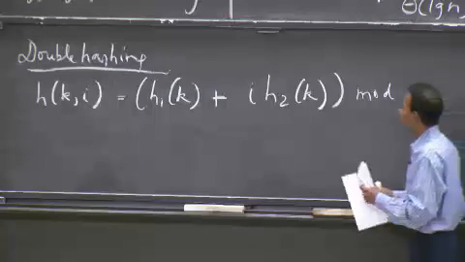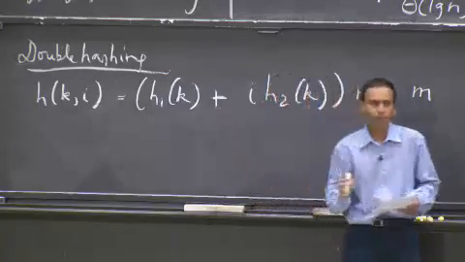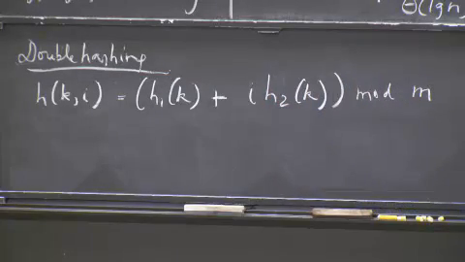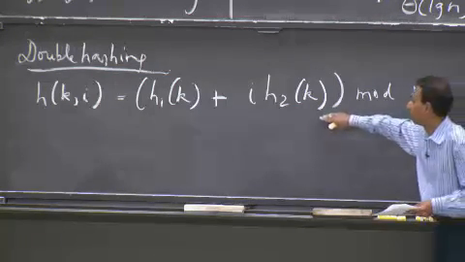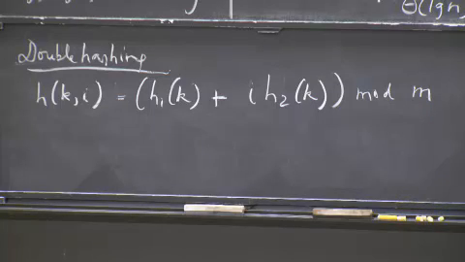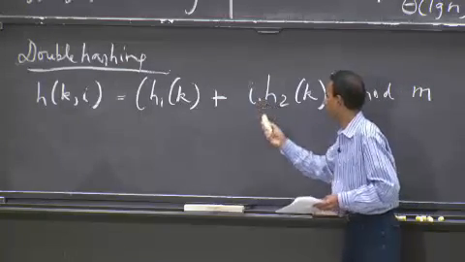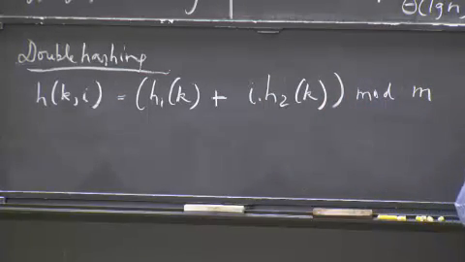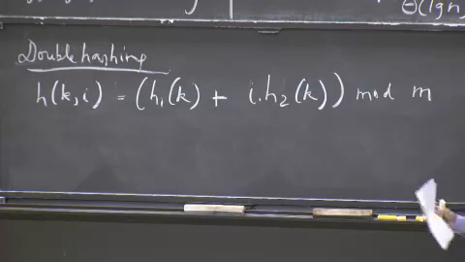Now, the first thing that we need to do is figure out how we can guarantee a permutation, right? Because we still have that requirement, and it was okay for the linear probing part, but you still have this requirement that you need a permutation. And so those of you who are into number theory, can you tell me what neat property of h2 and m we can ask for to guarantee a permutation?